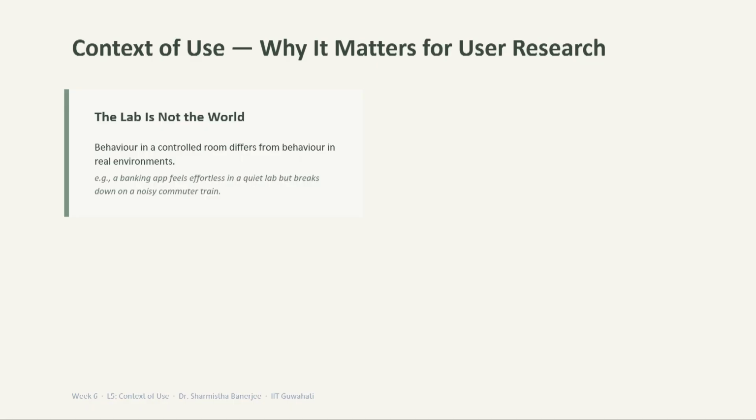So say for example, I am trying to see whether people will be able to operate an ATM machine in the lab or not. Most likely they will be able to operate it with very few errors. Why? Because they are focused, there is no distraction. But you put the same context in the actual field where they also know that some actual money is going to come out and money is going to be deducted from their bank account, and they might have a child along with that.